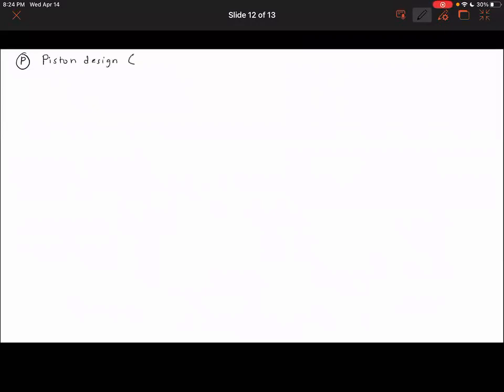And it's an older piston. So they are saying it's a cast iron piston. It's a single acting 4-stroke. And for this, the bore is given, so 100 millimeter.